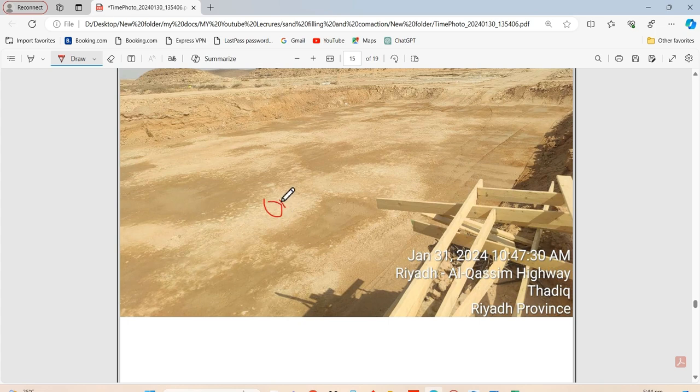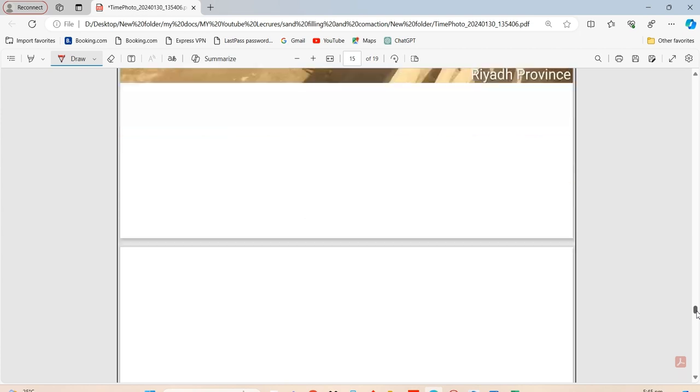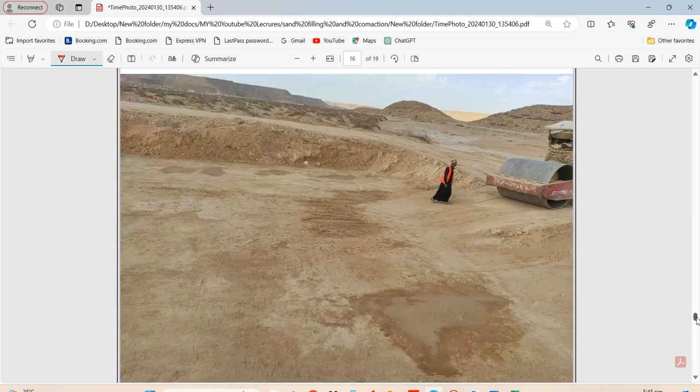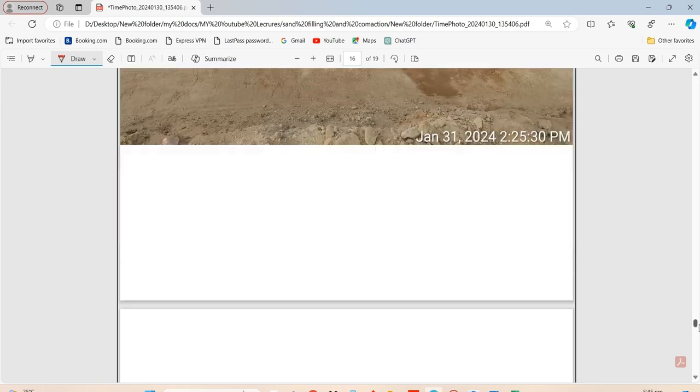Optimum moisture content, this value is shown in the lab report which was given to us by our lab staff. So all these values are given in that. After this, we place the roller on this to compact it.